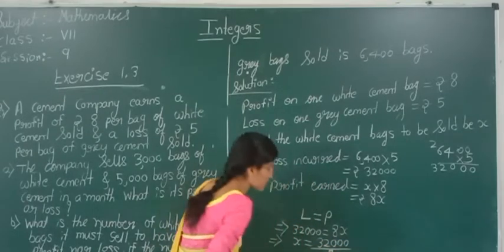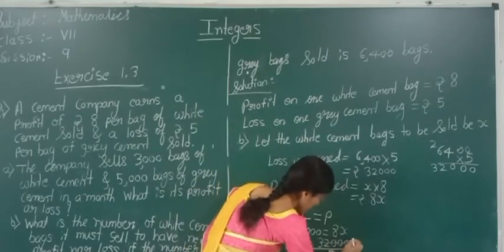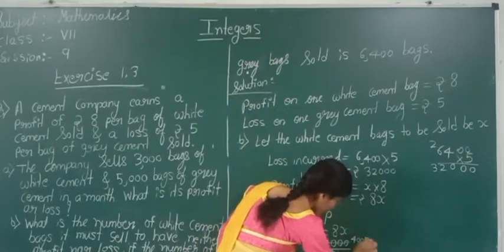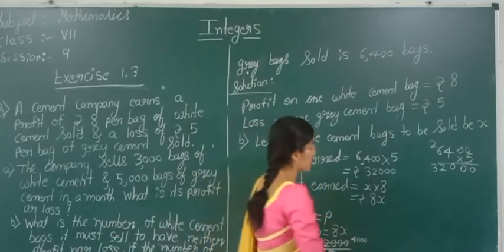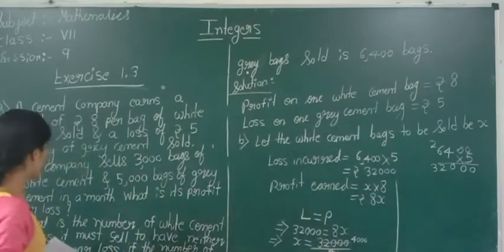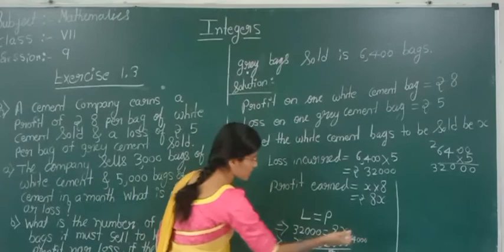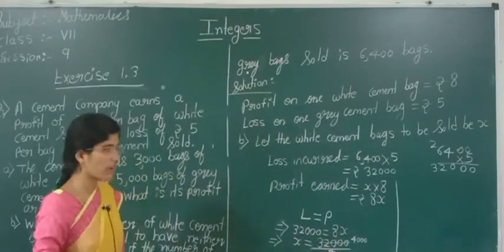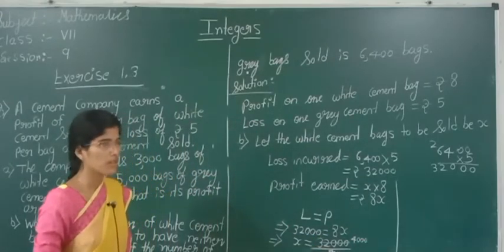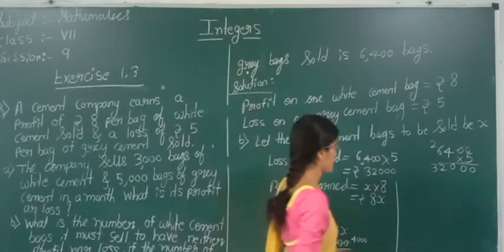If you do 32,000 divided by 8, it is 4,000. The number of white cement bags it must sell is 4,000. If we sell 4,000 white cement bags, there will be neither a profit nor a loss.